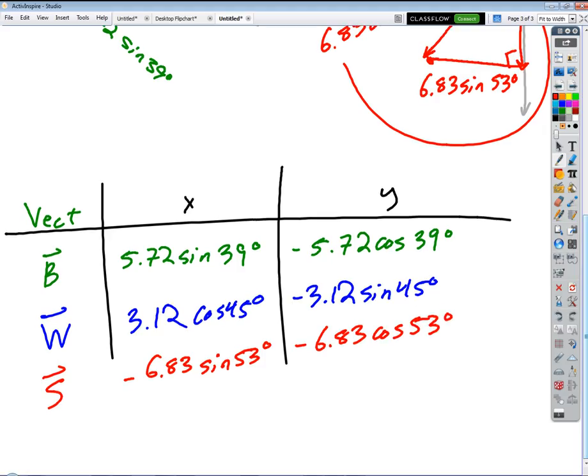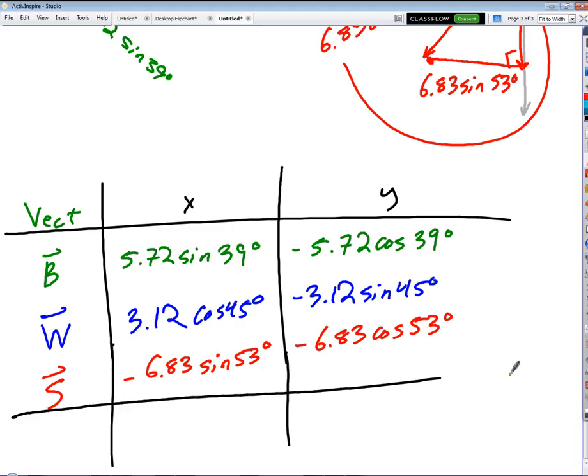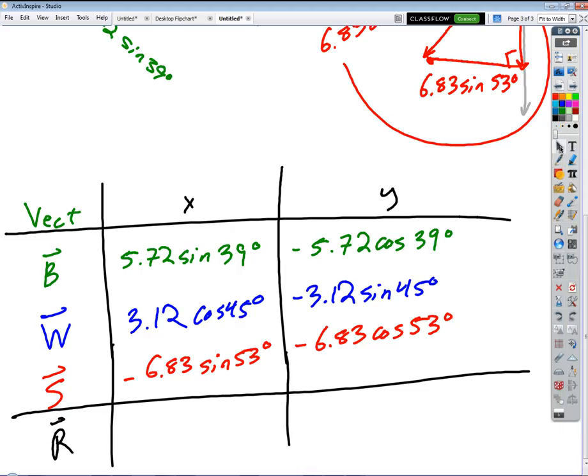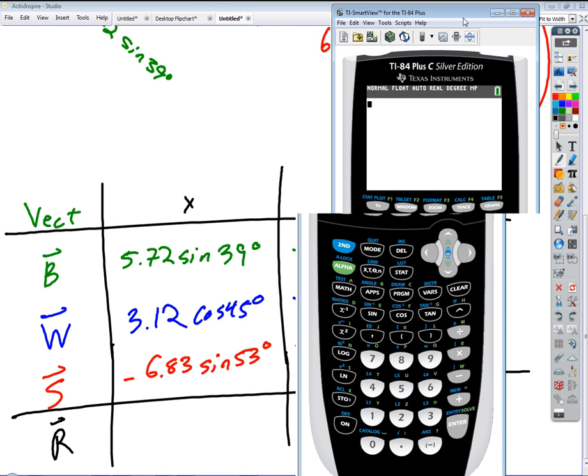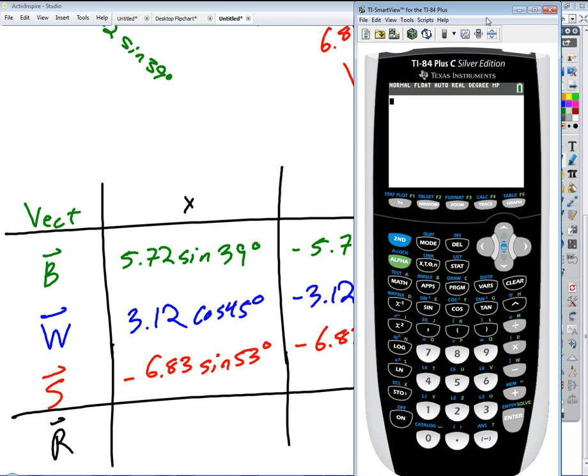And now all we have to do is just add all that stuff up. Right, and that's just calculator work. So if I grab my calculator, okay, let's add those three up. So I've got 5.72 sine 39 plus 3.12 cosine 45, and then minus, right?